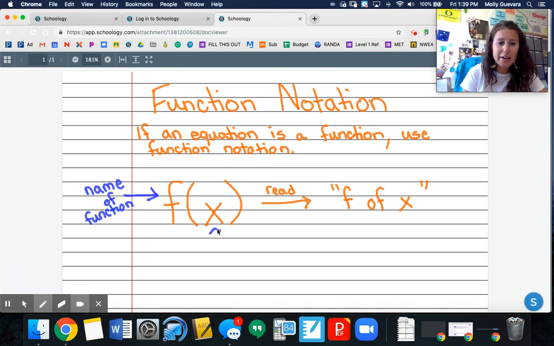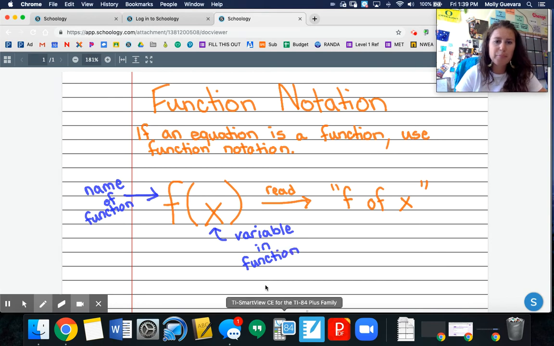And then this guy right here is just the variable within the function. Okay, so if this is f of y, that's okay. That just means there has to be a y in your function.